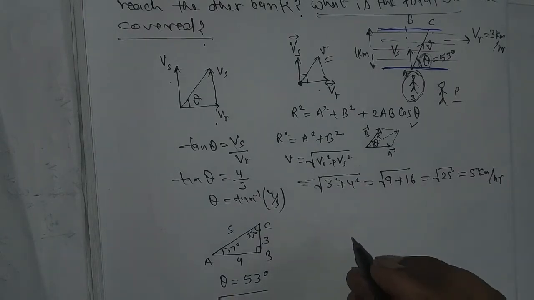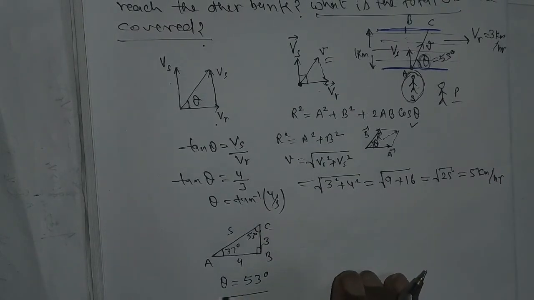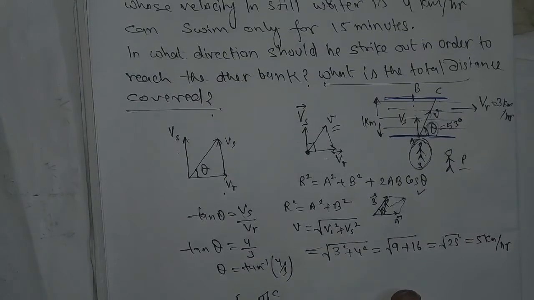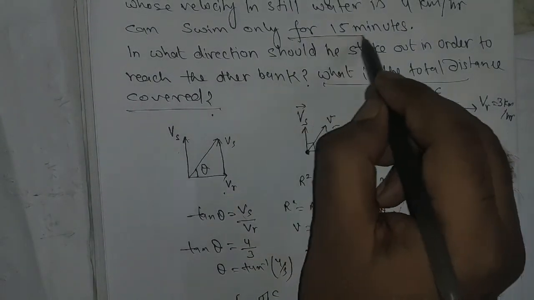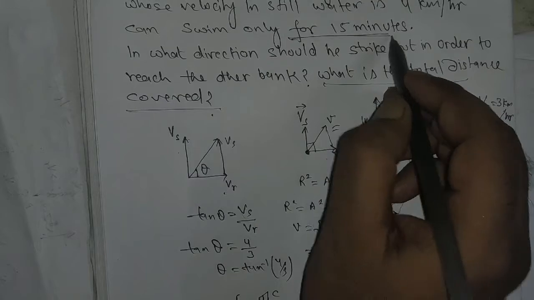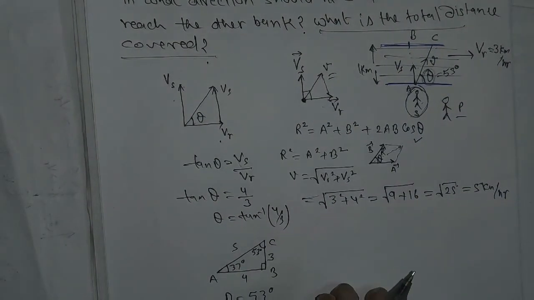See here students, one thing is given to us, 15 minutes. The swimmer can swim only 15 minutes. So velocity is given to us, time is given to us, then can we tell the distance traveled? Yes, why not?